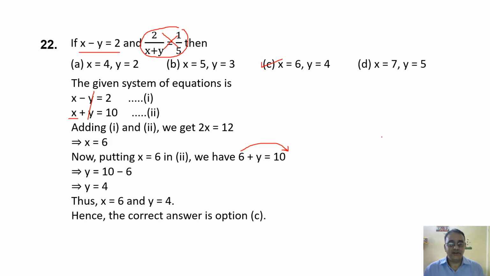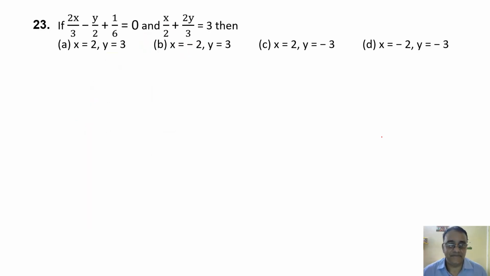Now we are moving towards question number 23. If 2x upon 3 minus y upon 2 plus 1 upon 6 is equals to 0 and x upon 2 plus 2y upon 3 is equals to 3, then, okay, so what we have to do, we have to simplify these two equations. ठीक है?